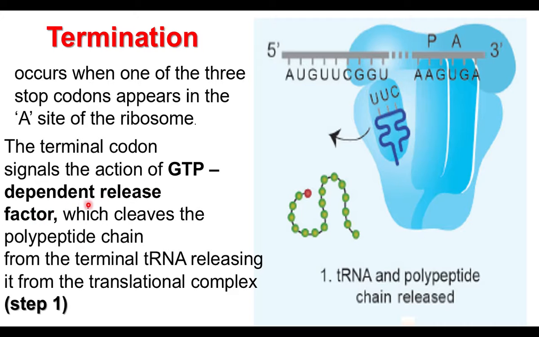This release factor cleaves the polypeptide chain from the terminal tRNA, releasing the polypeptide chain from the translational complex. tRNA, mRNA and ribosomes form the translational complex. The polypeptide chain is released from the translational complex by the release factor.